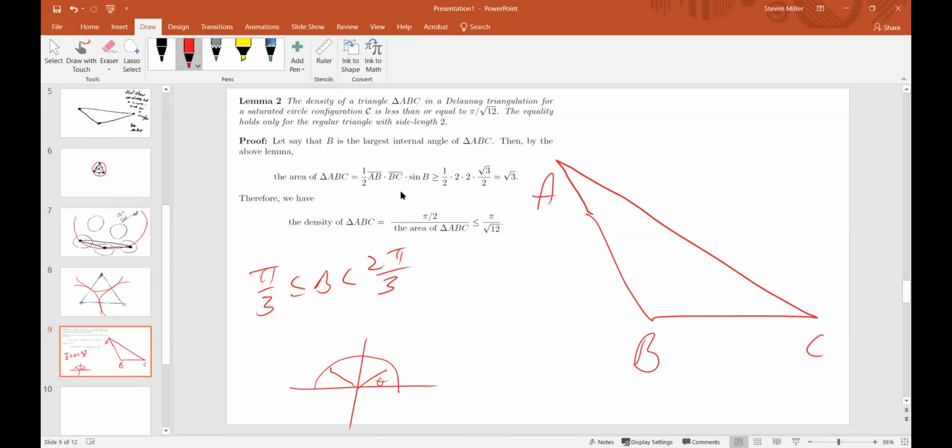So we know the sine of B is at least root 3 over 2. And that's the sine of pi over 3. And so we get that the product is going to be at least square root of 3. So the density, when we calculate things, is going to be less than or equal to pi over square root of 12. Okay.